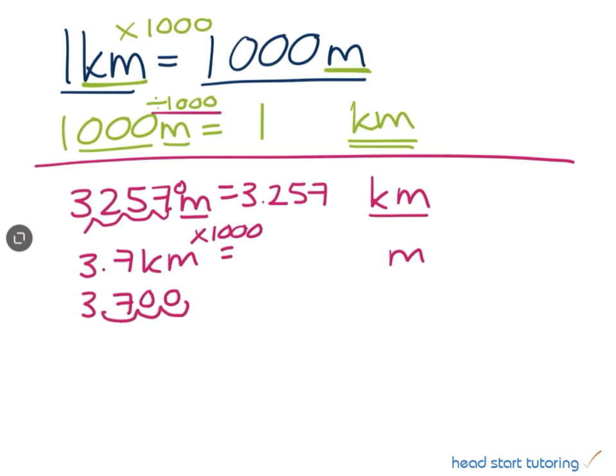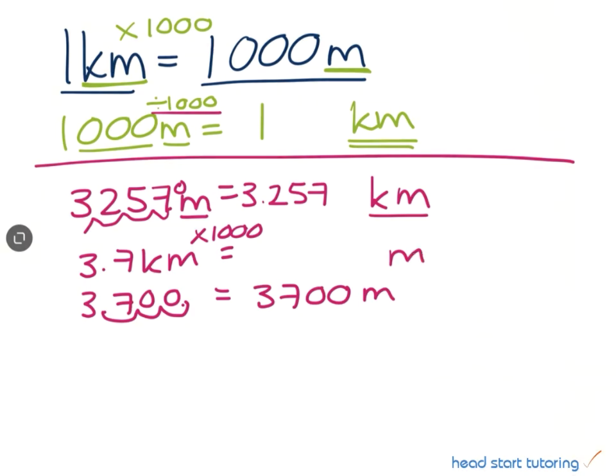You move your decimal place 3 places to the right, even though we know that actually it's our place values that are moving to the left because they are becoming 1,000 times bigger. But just for the sake of working out, we can move the decimal place, even though we know that the decimal place doesn't actually move. But we will move it 3 places to the right, and our answer ends up being 3,700 meters.